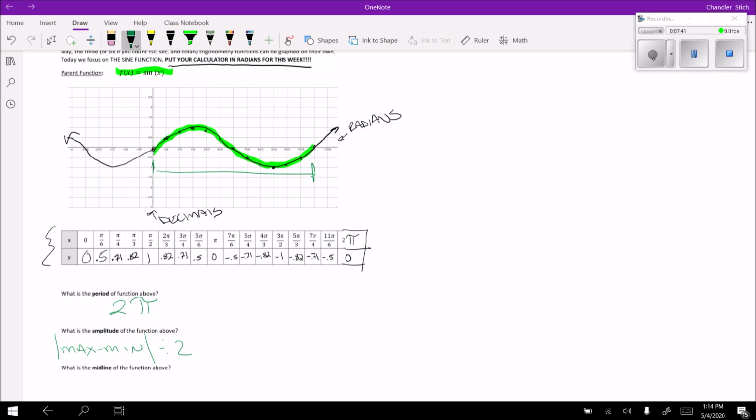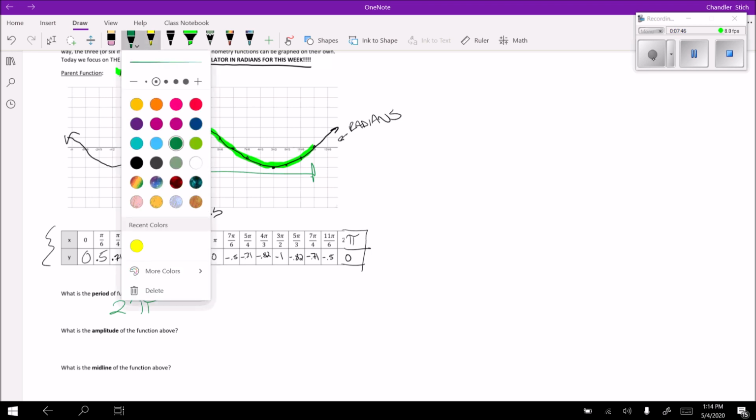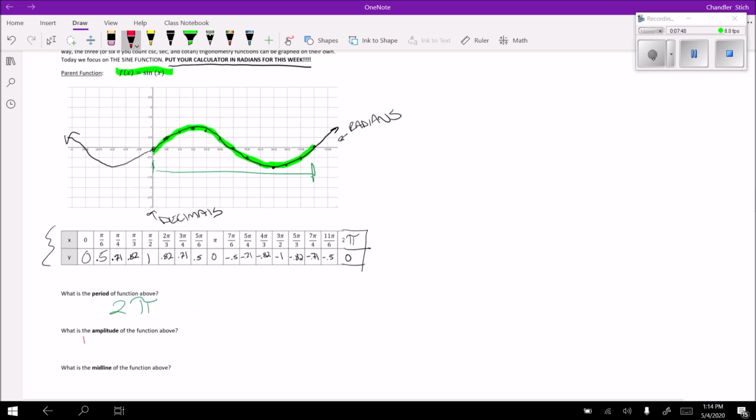let me actually use a different color here. So we go absolute value of max minus min, and then we divide that by 2. Okay, so what's my maximum? Well, 1 minus what's my minimum? Negative 1.